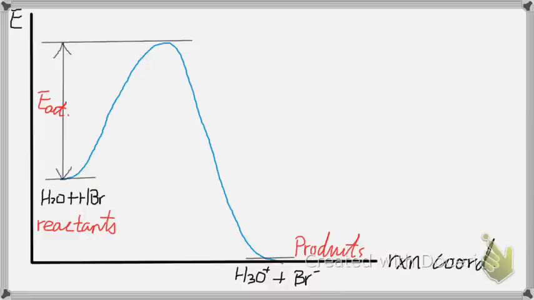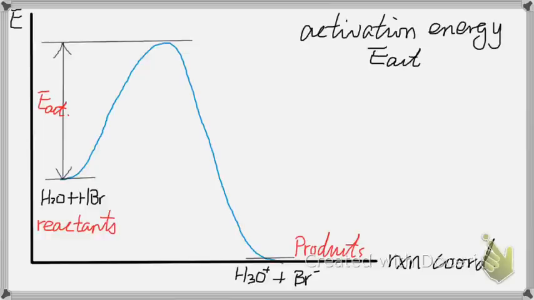All right. So we are going up a hill as we start the reaction. The energy difference between the starting point and the top of the hill is our activation energy. We use Eact to represent it. Okay, it's called the activation energy.